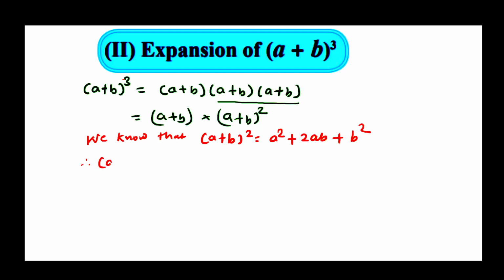There (a plus b) bracket cube is equal to (a plus b) multiplied by expansion of this, means a square plus twice ab plus b square. a plus b च्या प्रत्येक टर्मला आपण a square plus twice ab plus b square ने मल्टिप्लाय करतो.